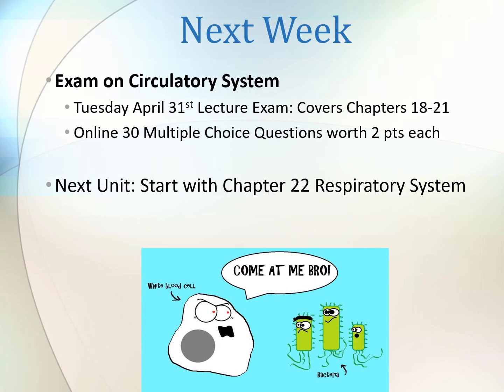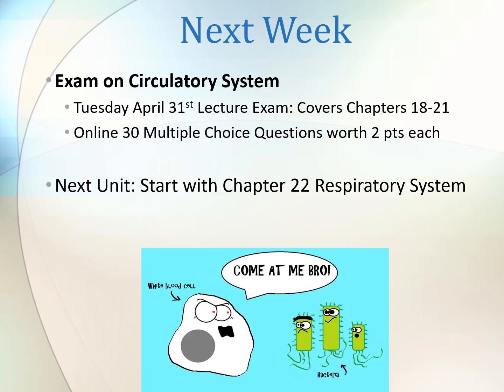So here are our learning objectives for this lecture. Okay, not too bad, fairly short lecture today. And next week we do have our exam on the circulatory system. It's going to cover the heart, blood vessels, and lymphatic and immune.